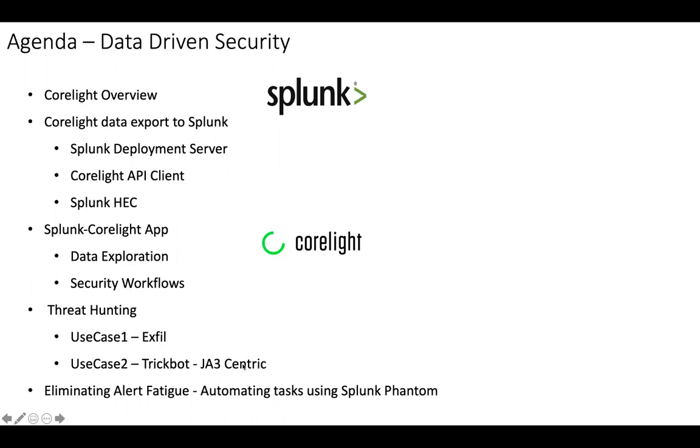And then we'll dive deep into a TrickBot use case to do our threat hunting based off of SSL certificates and self-signed certificates. And at the end, we're going to look at how we can start eliminating alert fatigue by automating some of these tasks using Splunk Phantom.